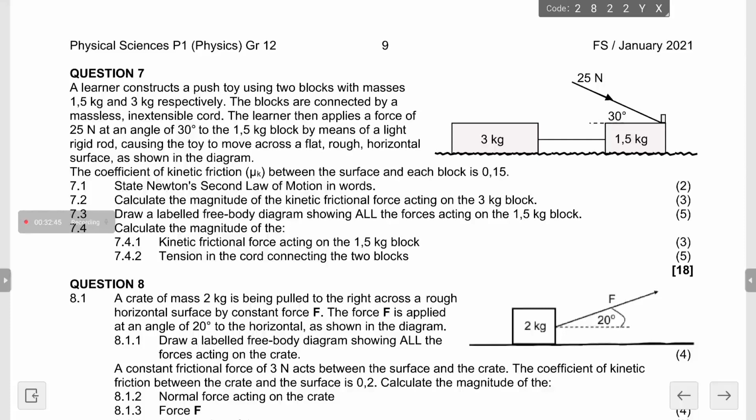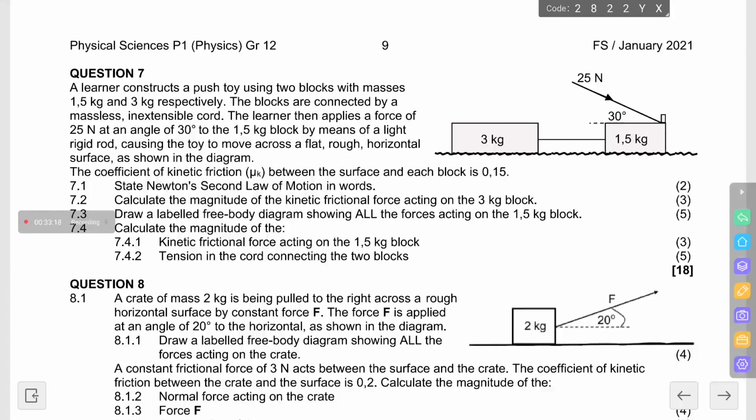So the next question, 7.4.2, is asking us to calculate the tension in the cord connecting the two blocks. Usually when we have two blocks connected by a string, to some degree we need to solve that problem using simultaneous equations. So that's when we'll consider the horizontal forces now, not the vertical forces that we've been talking about.